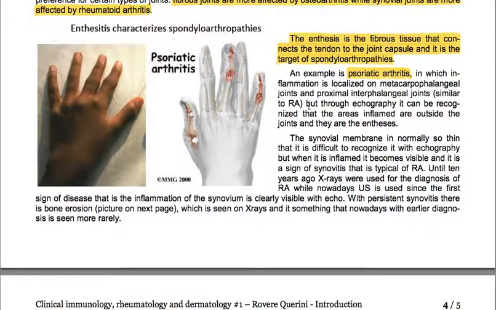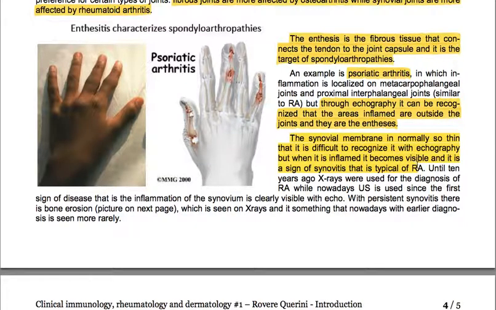The synovial membrane is normally so thin that it's difficult to recognize it with echography, but when it's inflamed, it becomes visible, and it is a sign of synovitis that is typical of rheumatoid arthritis.